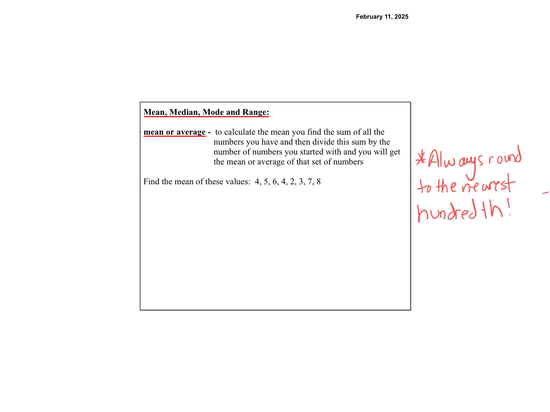Okay, but if we were to go ahead here, we have mean equals sum of values divided by the number of values.